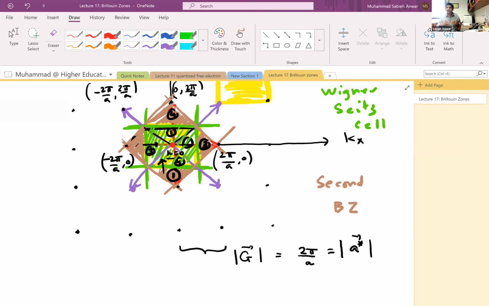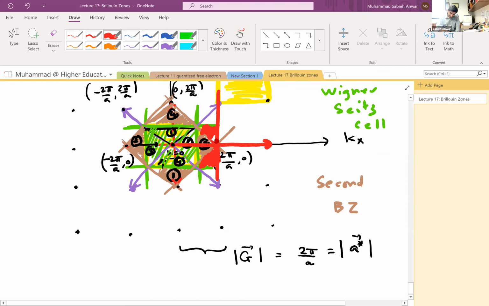Likewise, I can construct the third Brillouin zones and so on. So then I can now make vectors that point to the next neighboring points. The next neighboring points would be, for example, this point here. Take a bisector, and planes already exist from the previous discussion. So this point here becomes the third Brillouin zone. This point here becomes the third Brillouin zone.